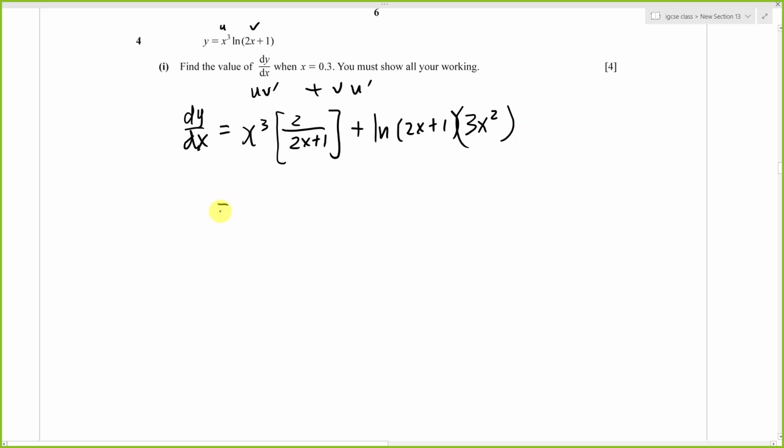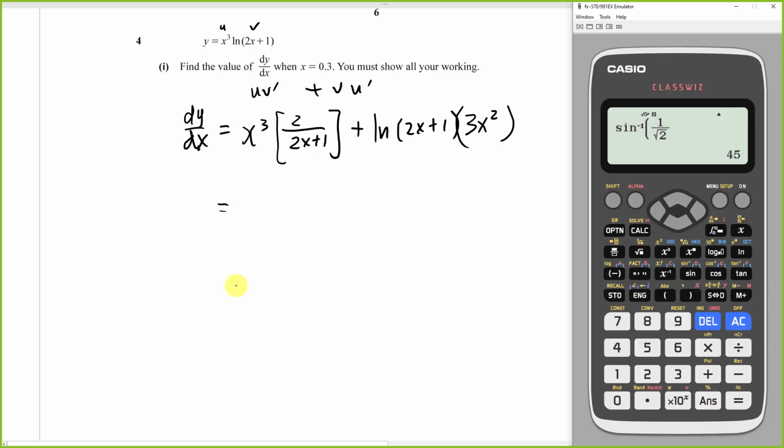Alright, so when x equals 0.3, basically you can insert the whole thing here. Must show all your working. I think you can straight away insert. So 0.3 power of 3 here, and then put another bracket.